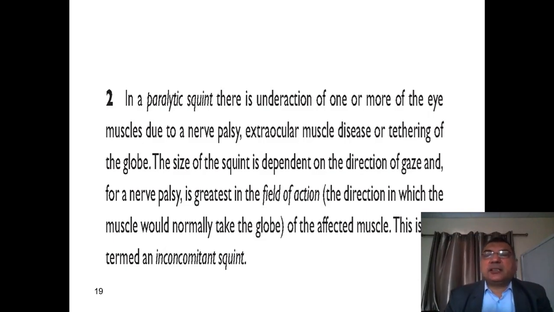The second type is the paralytic squint, in which one of the extraocular muscles is paralyzed. For example, in the same example, the right eye is deviating inwards, right esotropia 15 degrees, and the patient is looking at a distant target. But here it is a paralytic squint due to paralysis of the right lateral rectus.